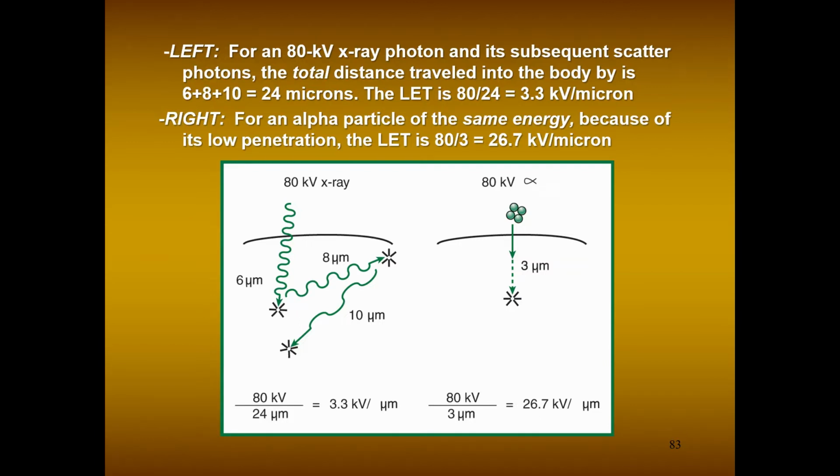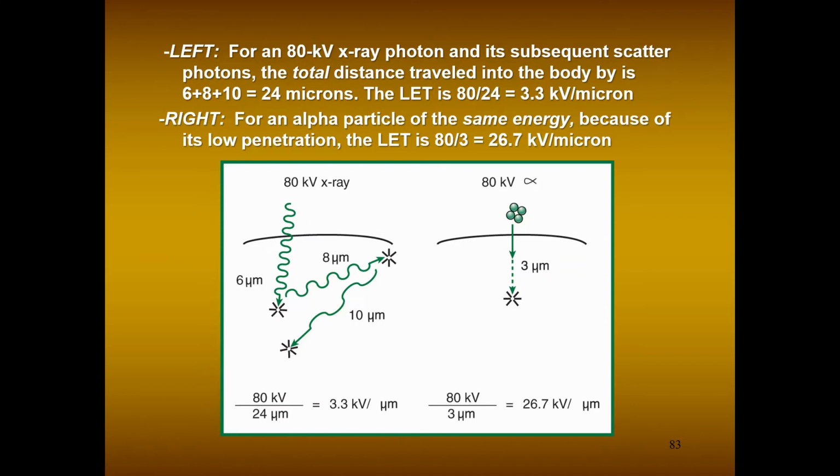But assuming both of these have the same initial energy, we can see just from the diagram that they deposit that energy over much different distances, giving them different LET numbers. On the left, an 80 kilovolt X-ray photon and its subsequent scatter photons travel a total distance of 24 microns. You add up the distance traveled between the incident X-ray, 6 micrometers, the scattered initial photon, 8 micrometers, and the second scattering event, creating a longer wavelength photon traveling 10 micrometers.